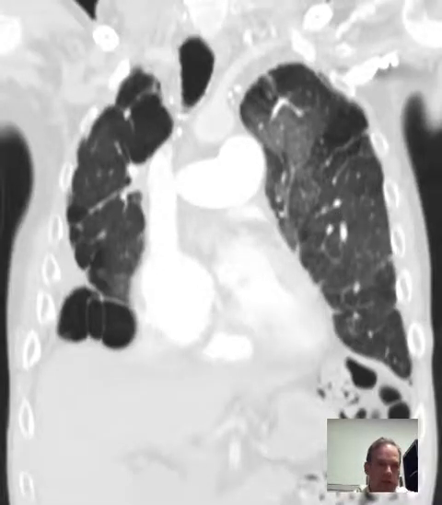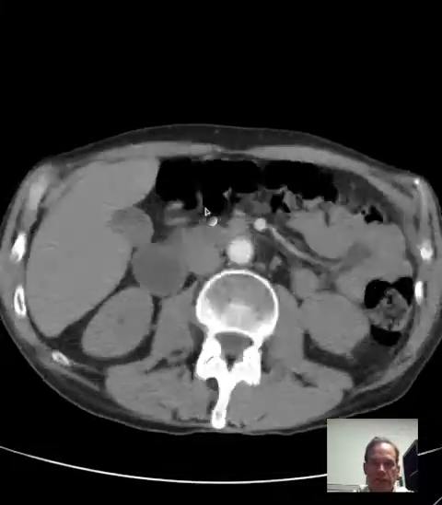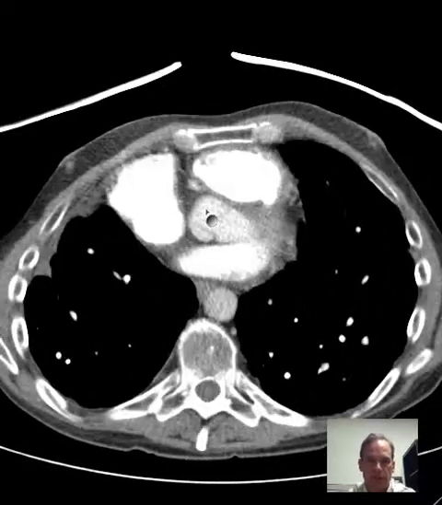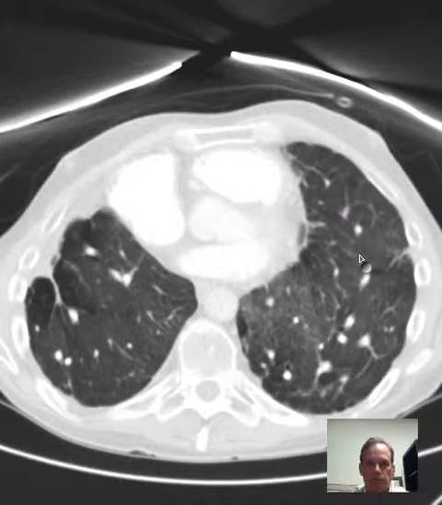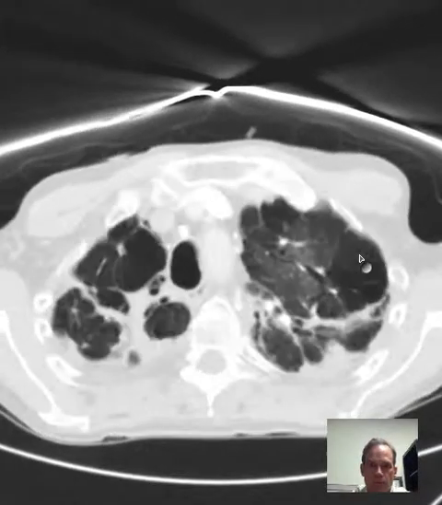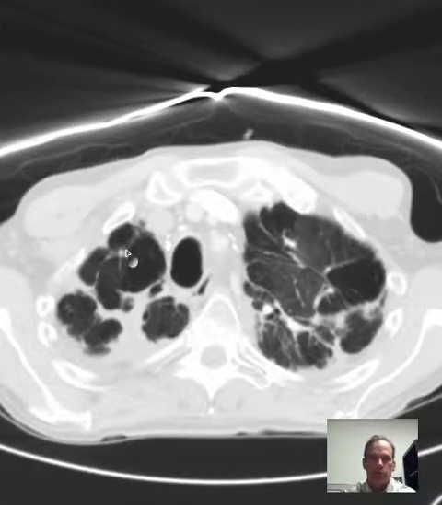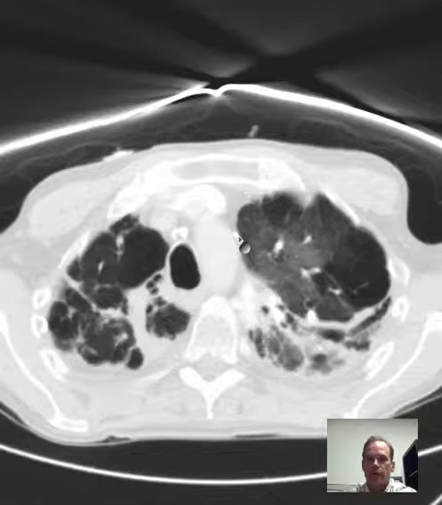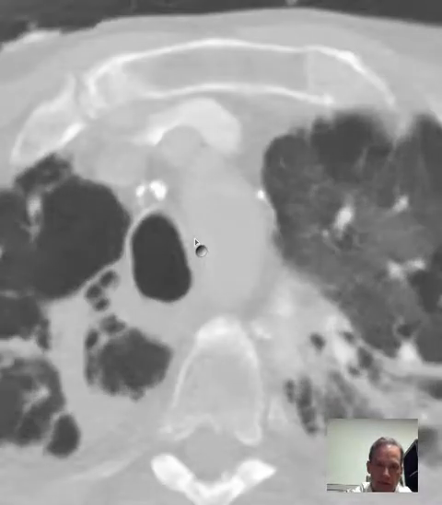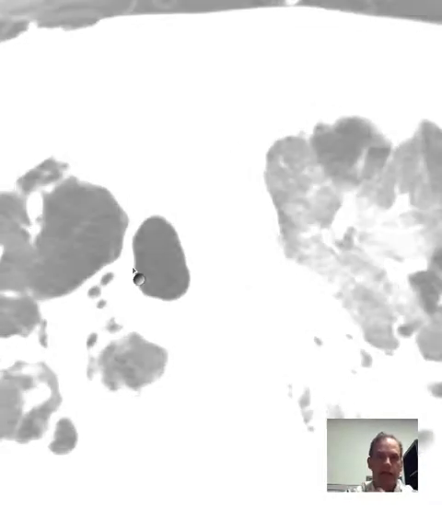And probably better, a little more readily identifiable, some of these findings on axial images. Well, there are hyperlucent areas in the lungs bilaterally. That is typical of pulmonary emphysema. You will see that there are areas that lack any internal architecture, or lack most of the internal architecture.